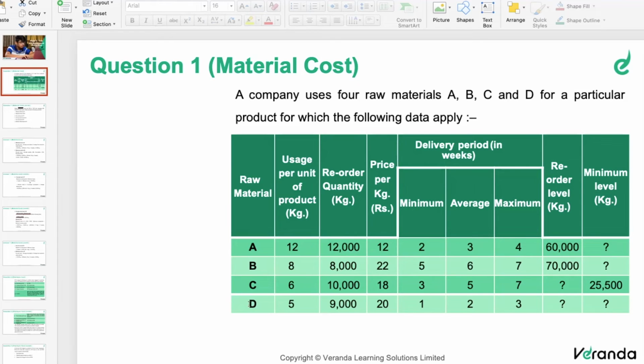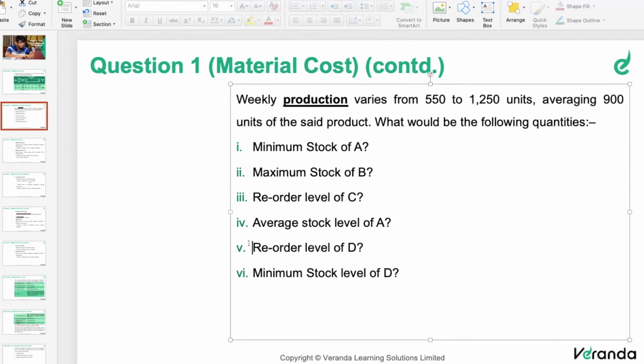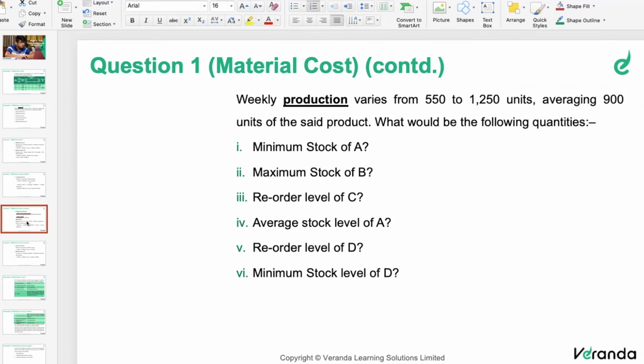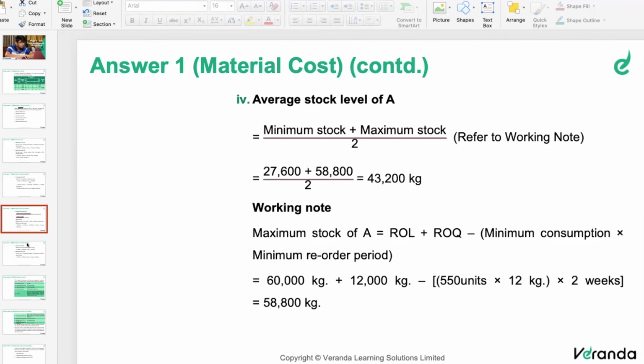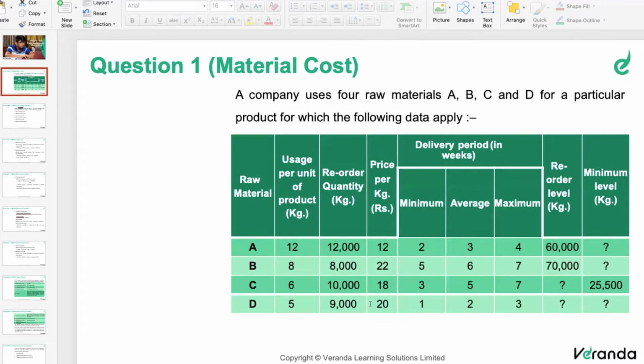Already we computed or what? For D, reorder level just now we computed. Reorder level from the previous working you can take. Reorder level comes to 18,750 minus average usage into average lead time. With respect to average lead time for D, average lead time is how much? 2 weeks.